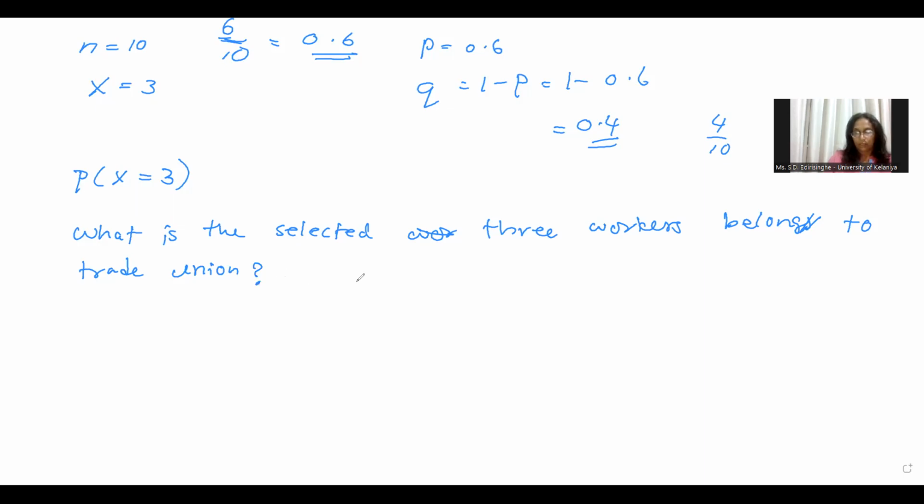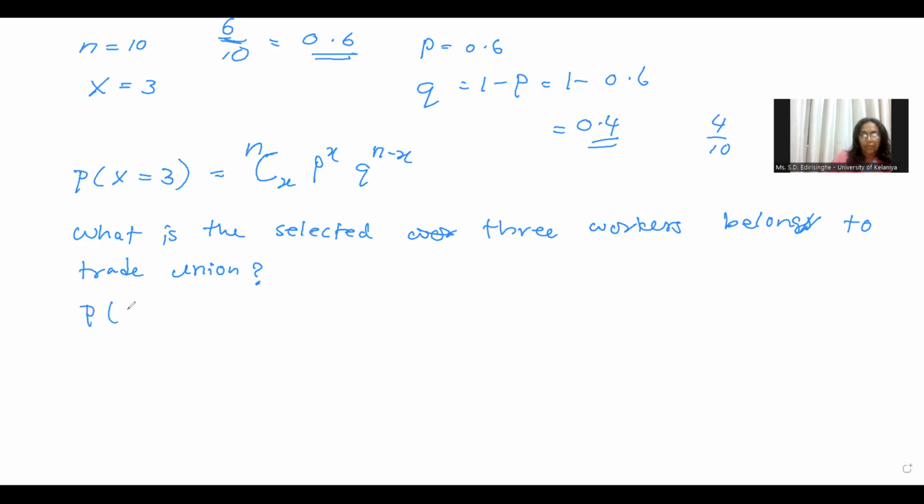Okay, right. So that means P(x equal 3). So now you can apply a binomial distribution here: nCx, P to the power x, Q to the power n minus x.